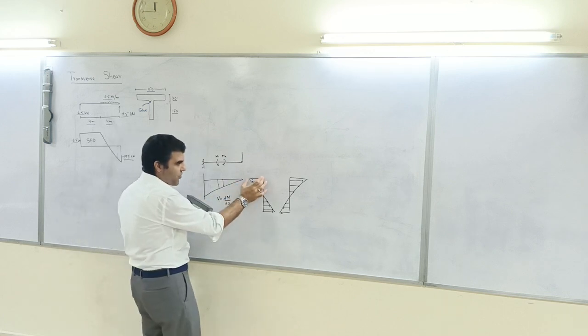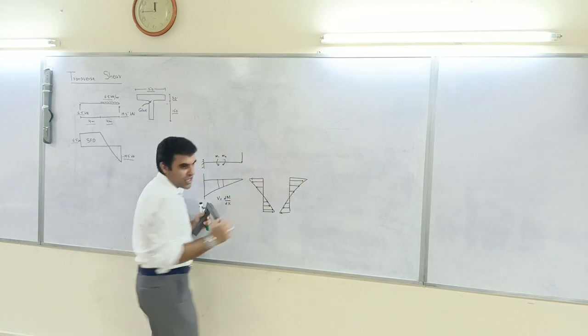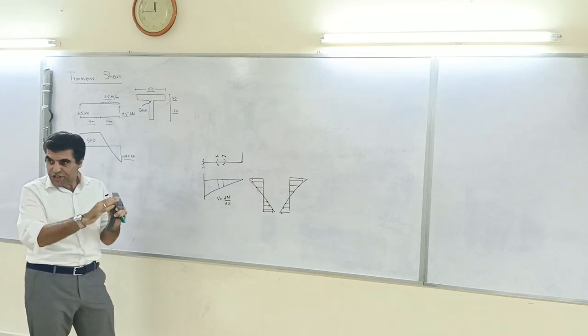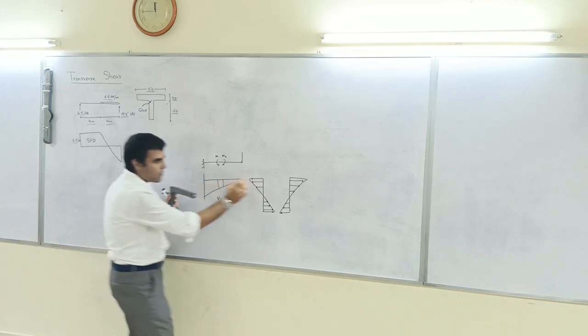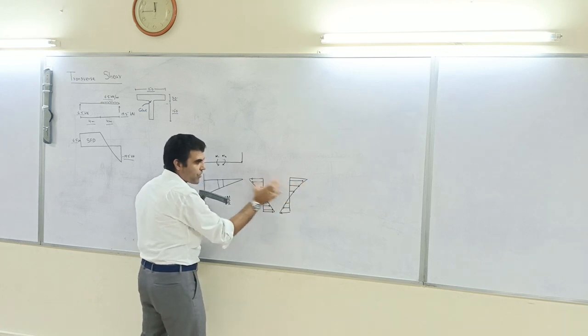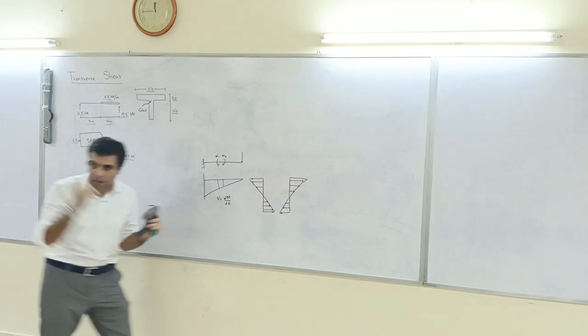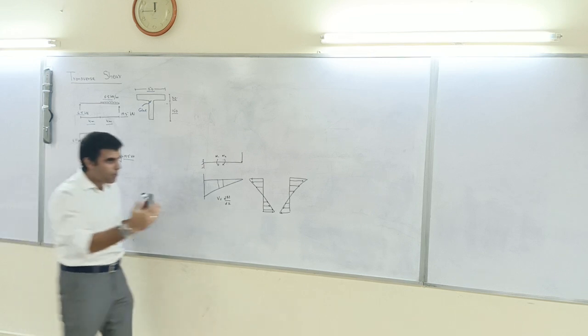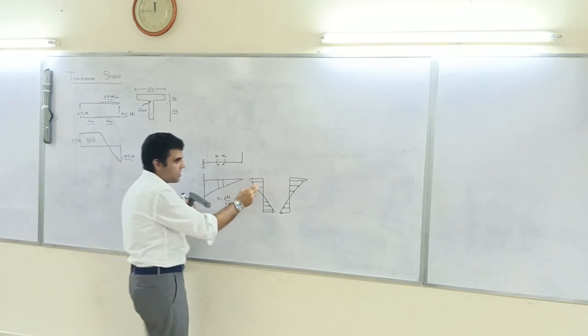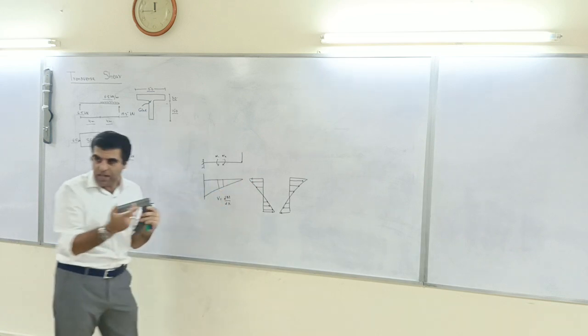If these forces were equal, then you will get zero shear. That shear is a horizontal shear, which you get from the difference of these forces, and these forces have come out from the moment profile. What is a moment? Moment is force into lever arm.